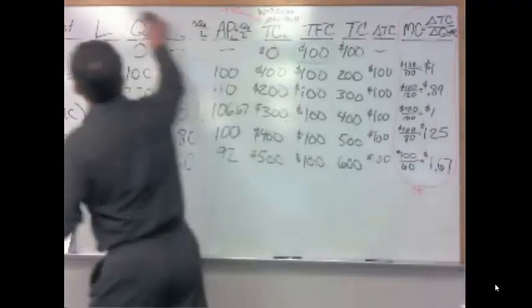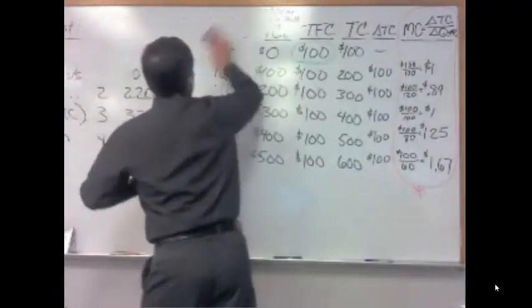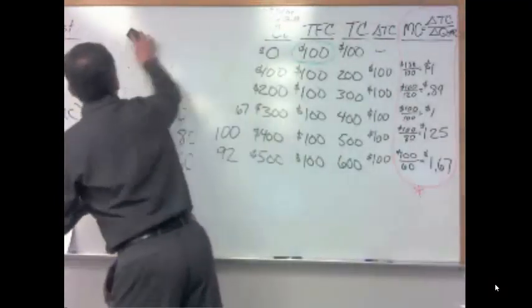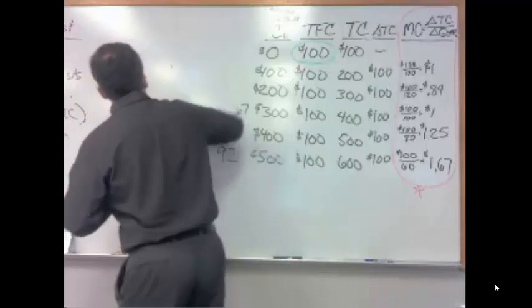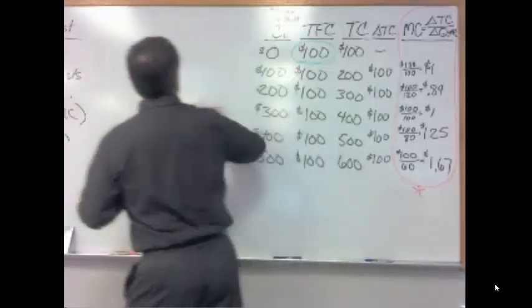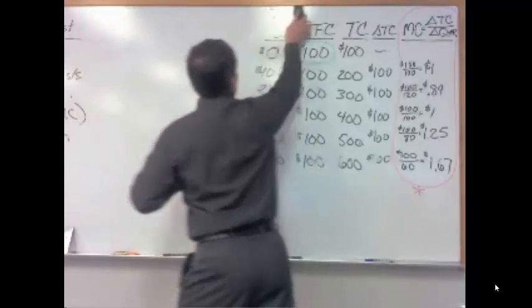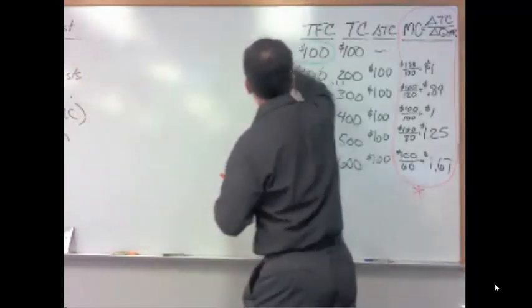Let me do one quick little graph since we got the numbers right here to let that J shape kind of reveal itself.